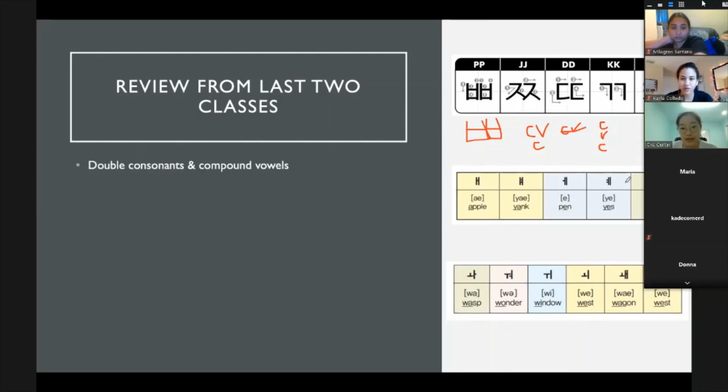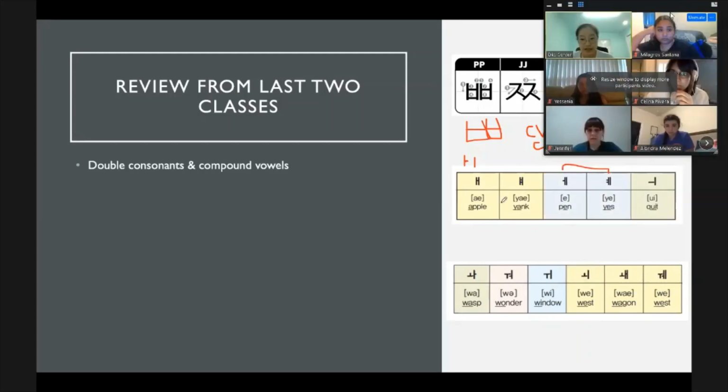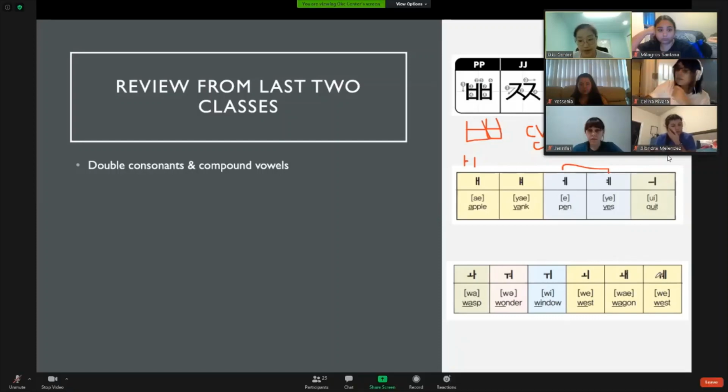And then we also went over the compound vowels. We had this A plus E, which made one compound vowel. So we had A, and then ye, 의, wa, wo, we, we, and then we.